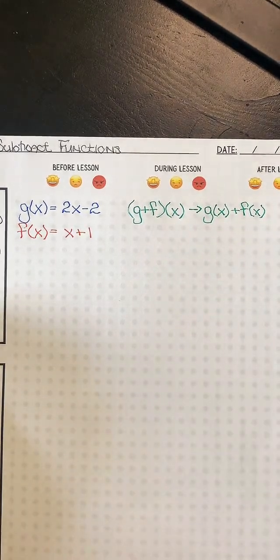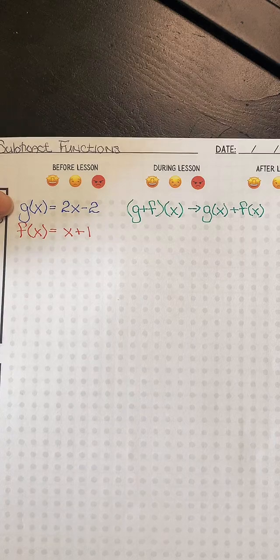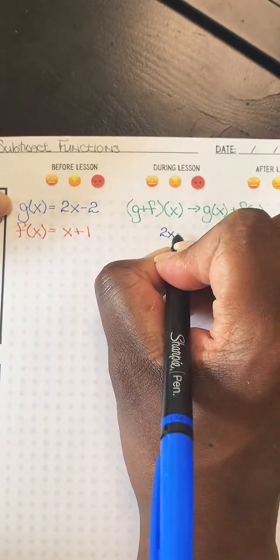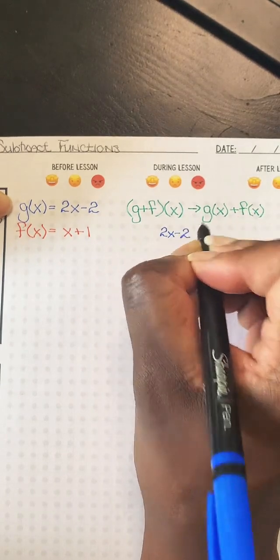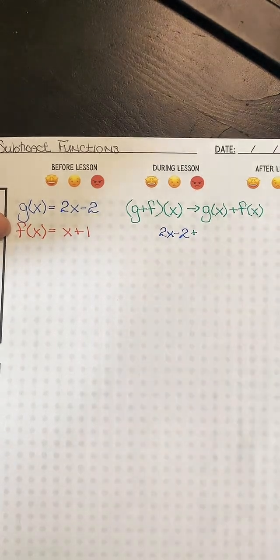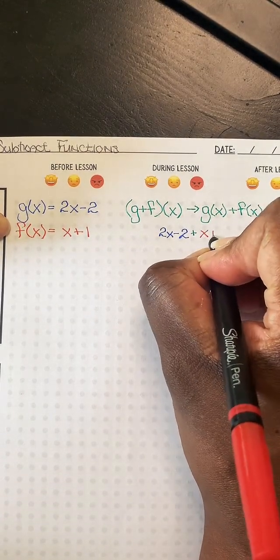So for my g of x, we have 2x minus 2, and we're going to add it to our f of x, which is x plus 1.